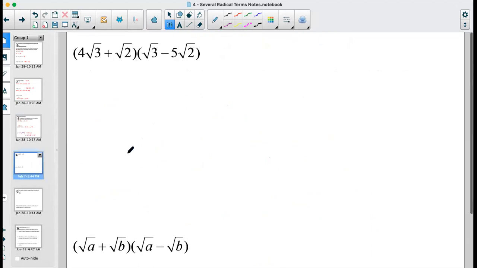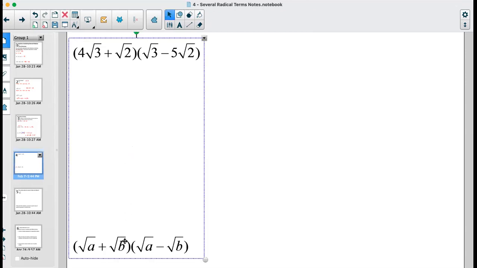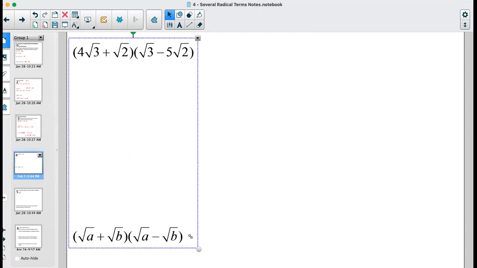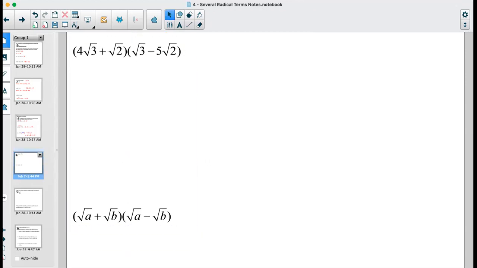These are just some more problems like the previous one. I can knock these out pretty quick, I think. So just multiply them together. FOIL, 4 root 3 times root 3 is 4 root 9. 4 root 3 times negative 5 root 2 is negative 20 root 6.